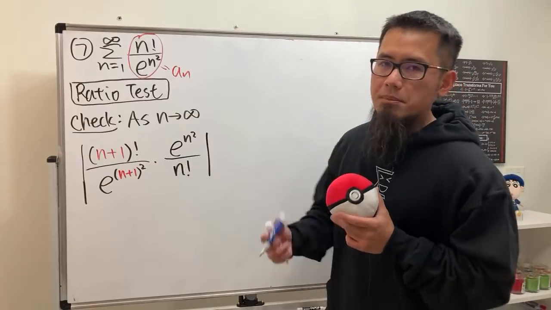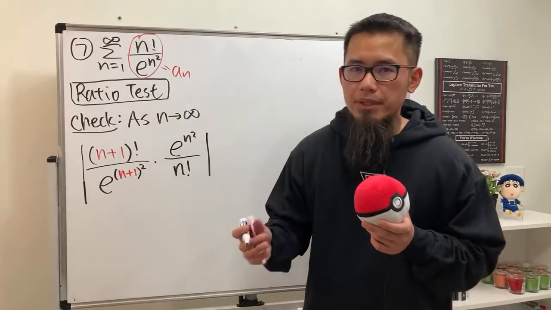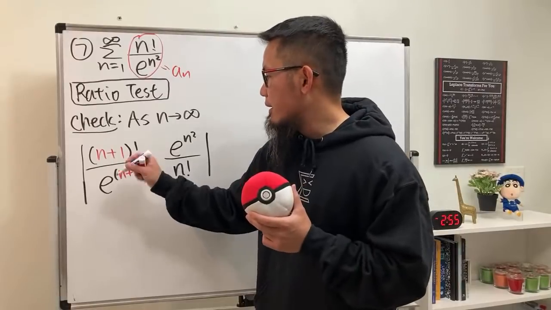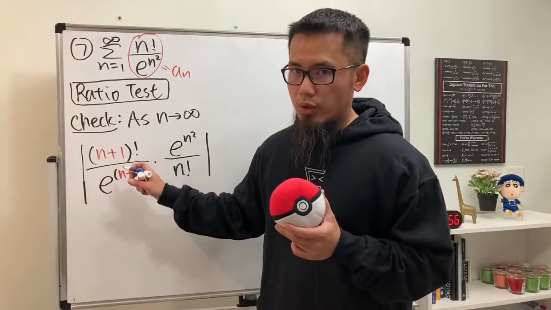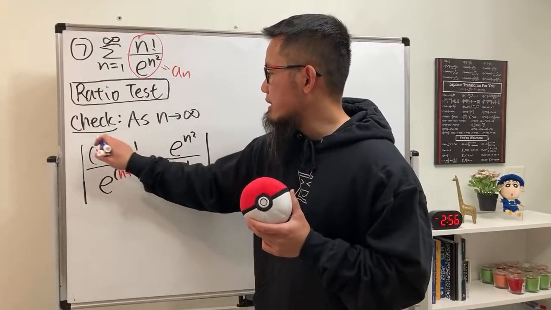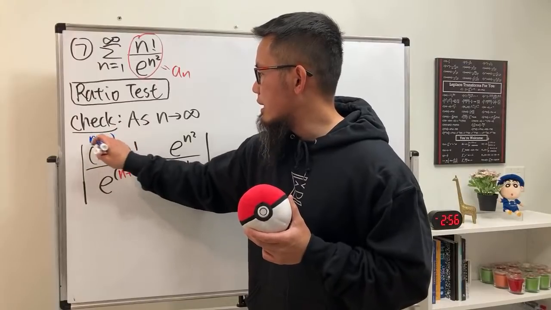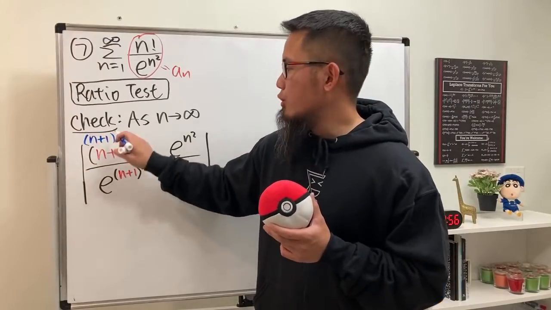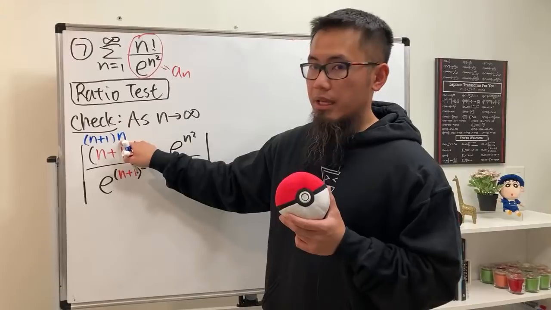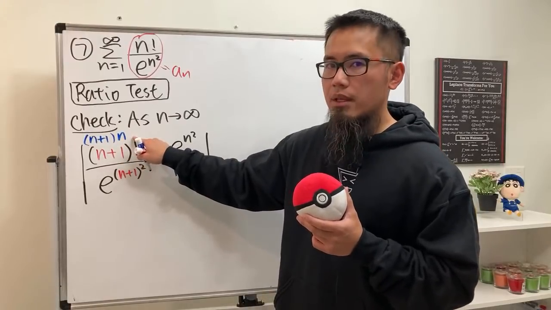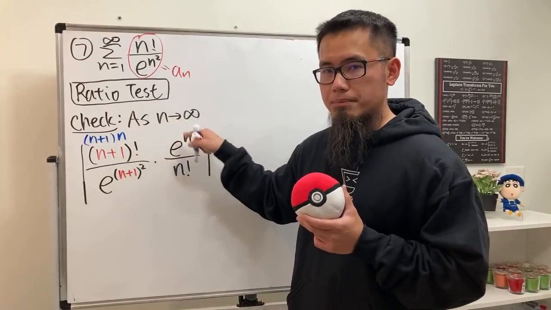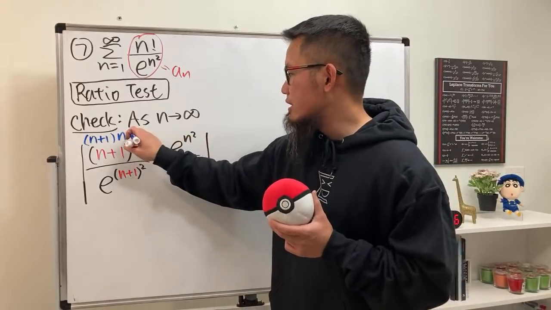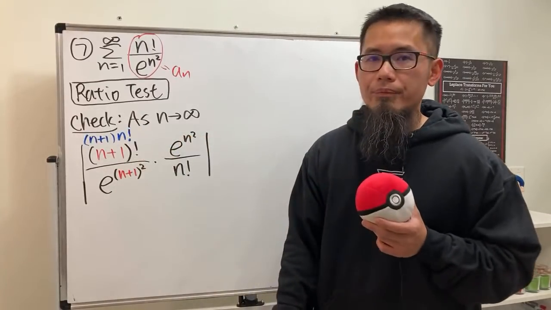Now, we are going to simplify the bigger factorial and also the bigger exponent. For this guy, (n plus 1) factorial means you put down the inside first, which is n plus 1, and then the next number, which is n, then n minus 1, then n minus 2, and so on. But all that is just nicely equal to (n plus 1) times n factorial.